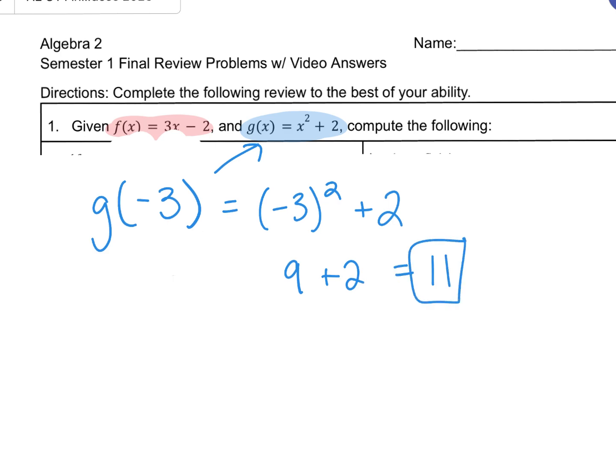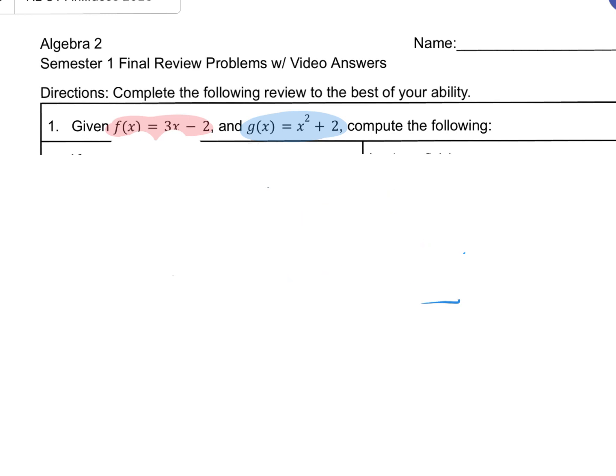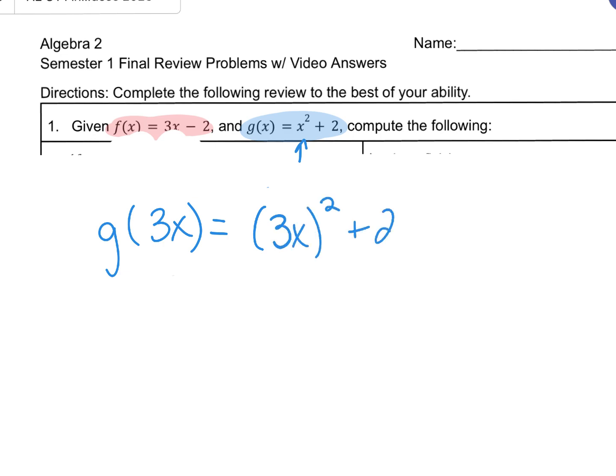Would this work if I give you something a little more difficult? Let's say, for instance, I asked you to find g of 3x. Instead of g of 3, g of 3x. Wouldn't it still be the same process? Aren't I still just plugging in everywhere where I see the letter x in g? Absolutely. But this time I'm plugging in something a little more complicated than a plain old number.